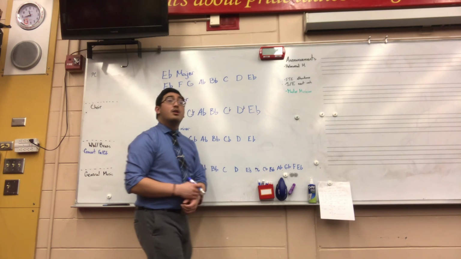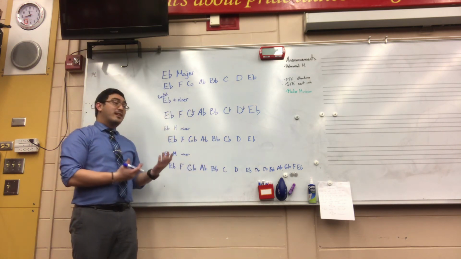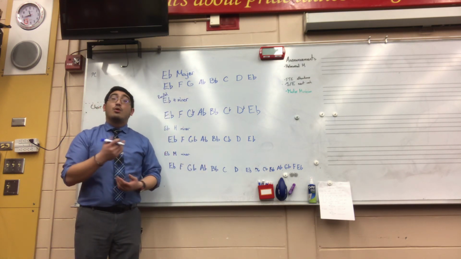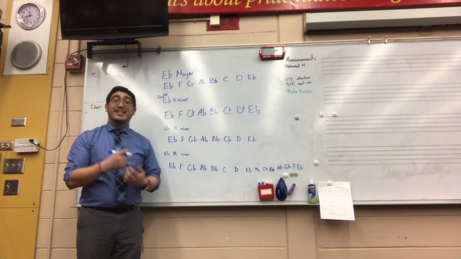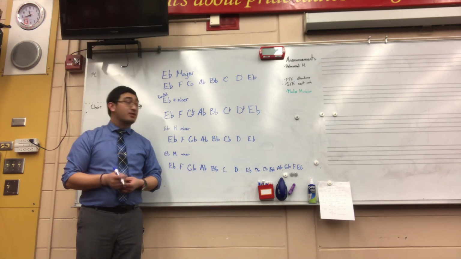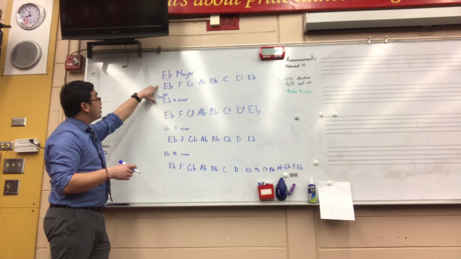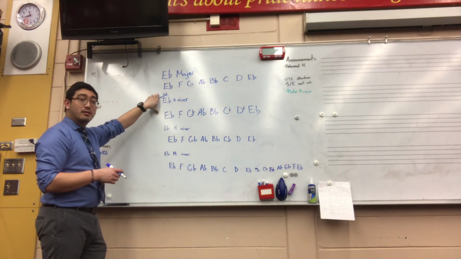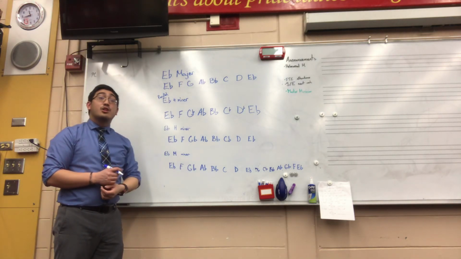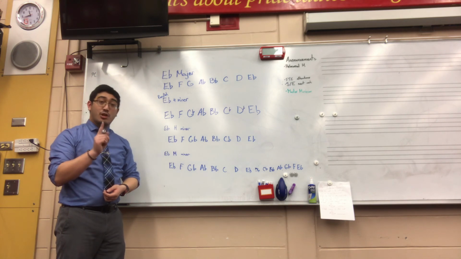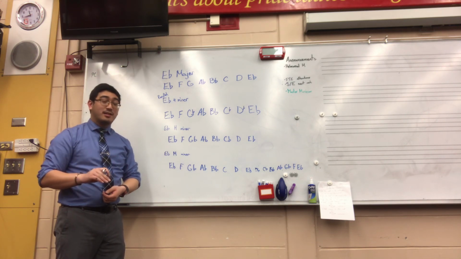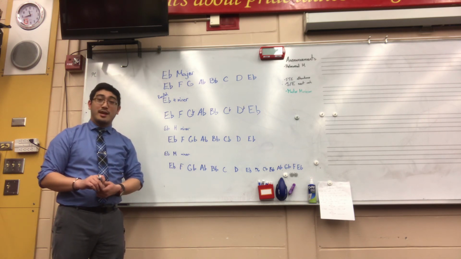do. When you're working with relatives and parallels, relatives share stuff on the inside. The key signatures are the same between the major and the natural minor. Your parallels just share the first note. That's it. The key signature is not the same.